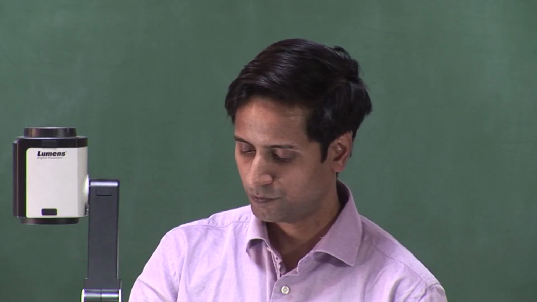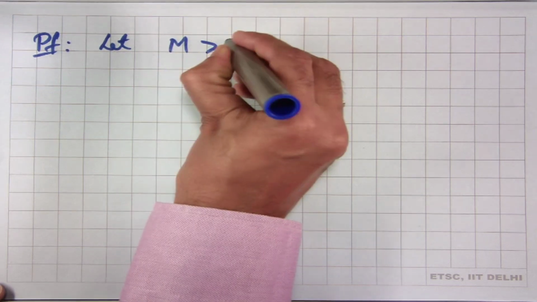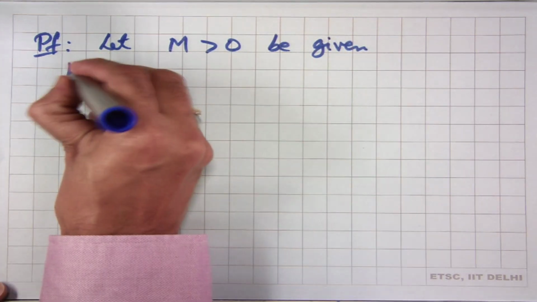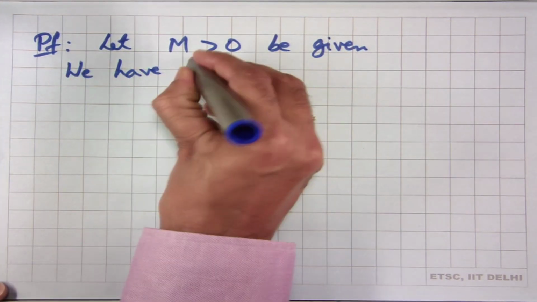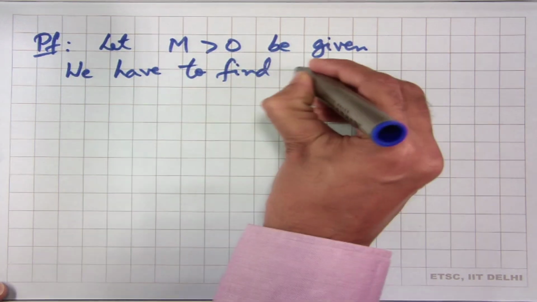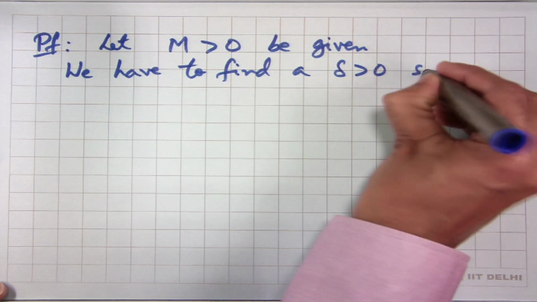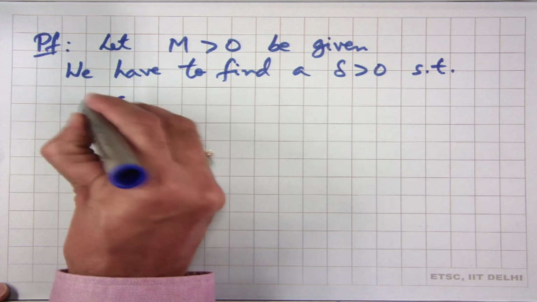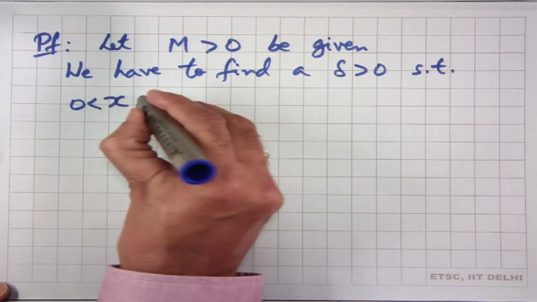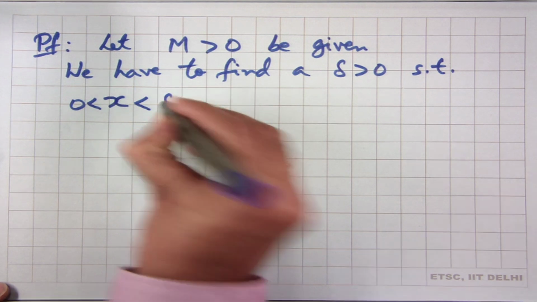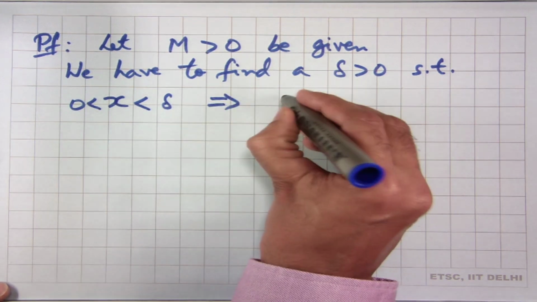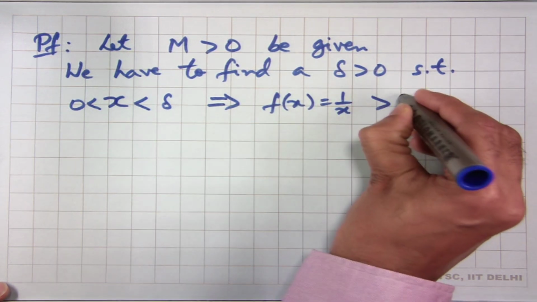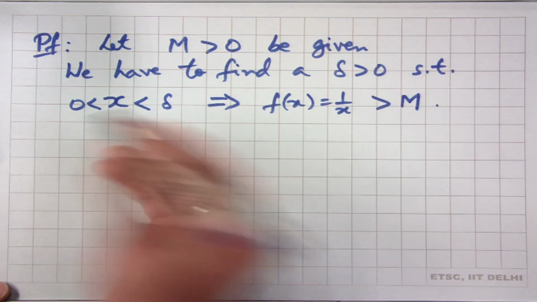So, proof: let m bigger than 0 be given, we have to find a delta positive such that if x is greater than 0 and less than delta, this should imply f of x equal to 1 by x should be greater than m. So, what should be delta here?